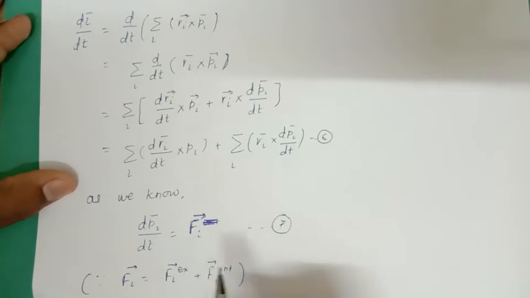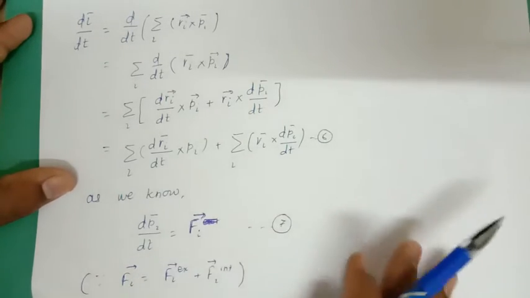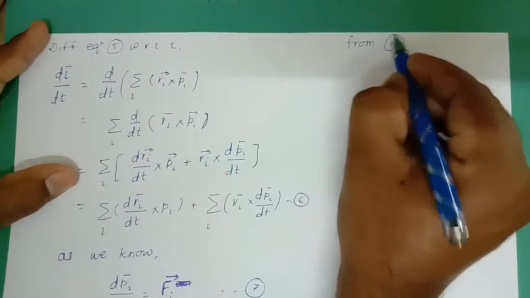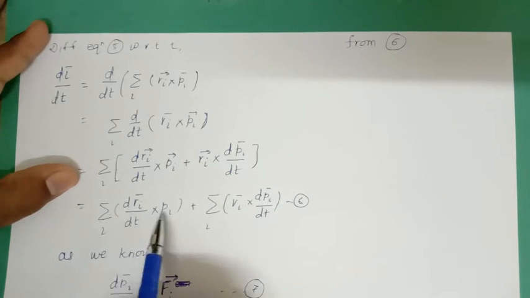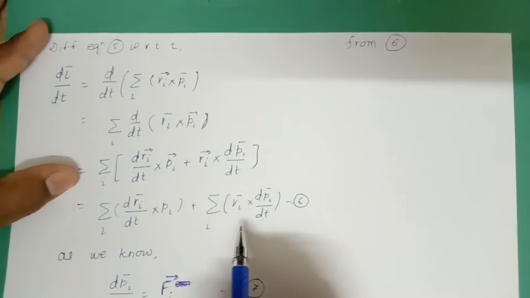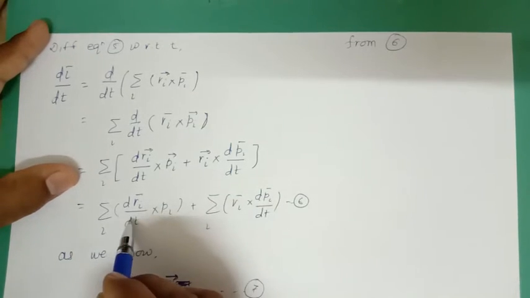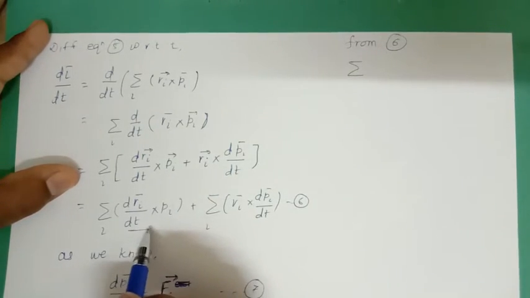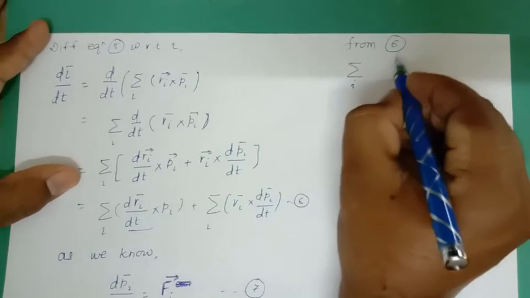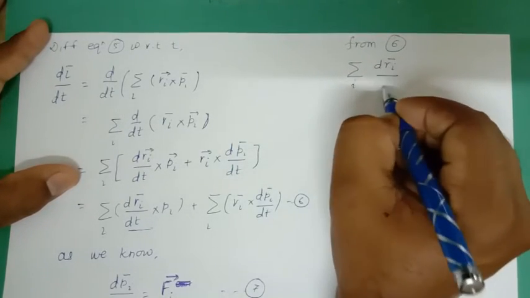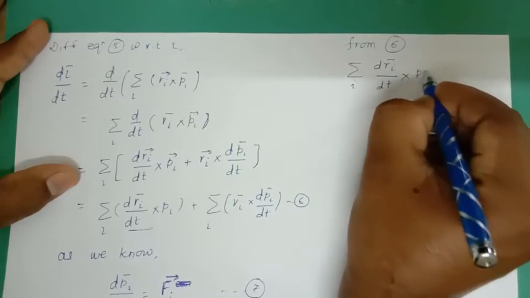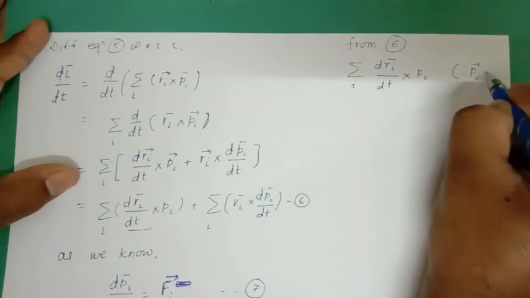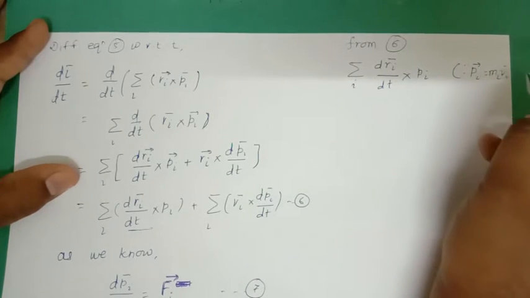So before substituting this value, let me figure out this equation number 6. So from 6, I'll just simplify this dri by dt term. So summation over i as it is, dri by dt cross pi. So what is pi? Pi bar is mi vi bar.